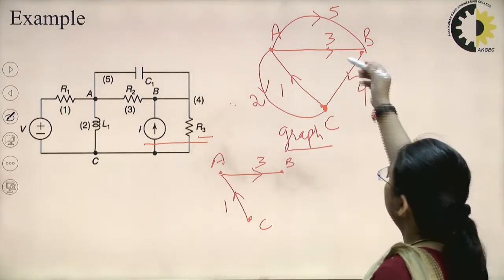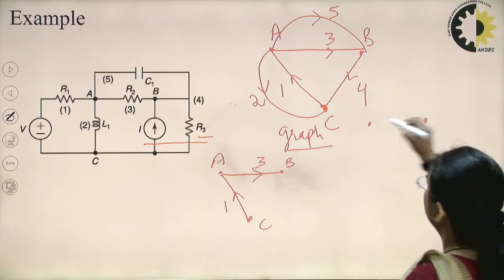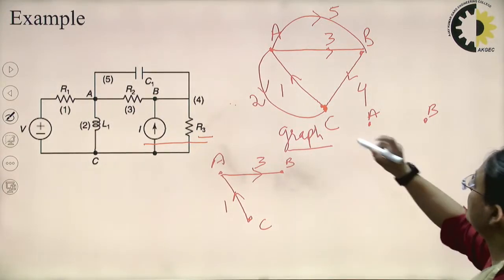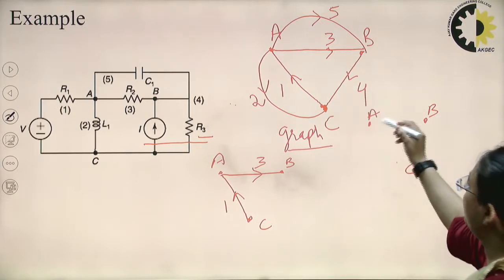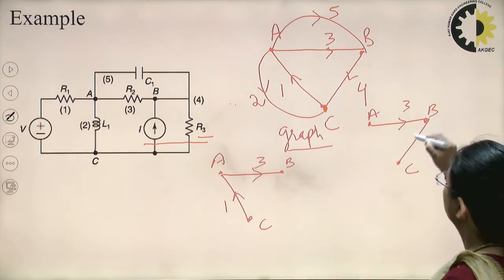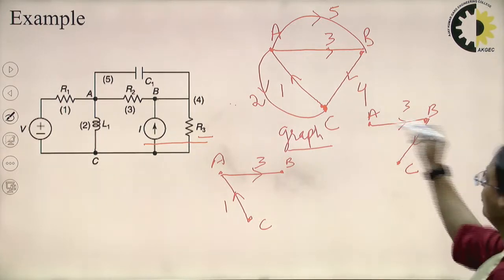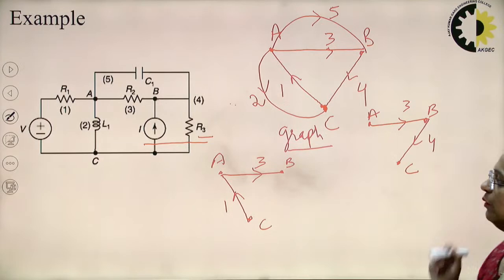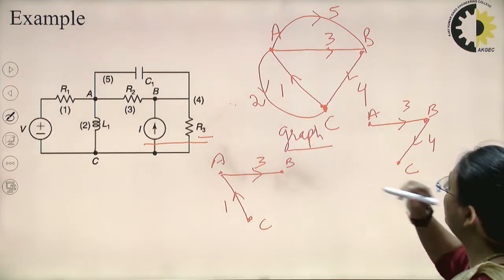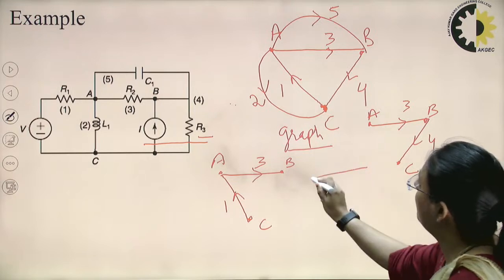Again I can take these 3 nodes A, B and C, and now I will select branch number 3 and 4. These are the 2 connected branches which again form a tree.